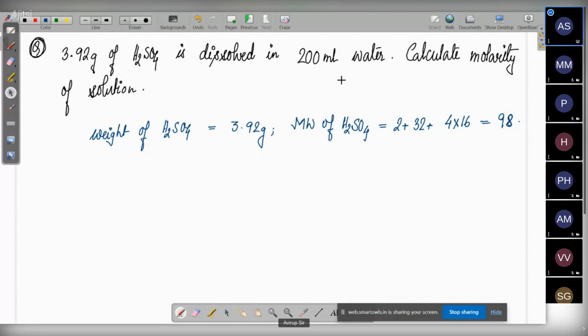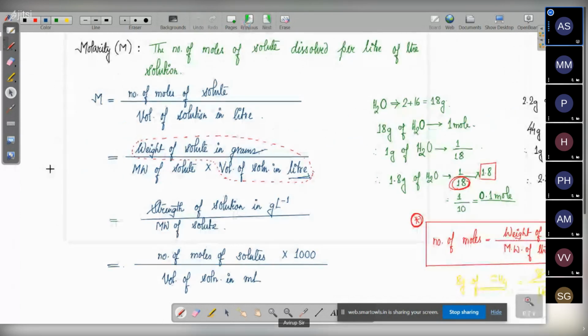And then what is given to you? Volume of solution is also given, that is equal to 200 ml. So the weight of H2SO4 is given, molecular weight is given, volume of the solution is given as 200 ml. Which formula do you think is applicable out of these four?